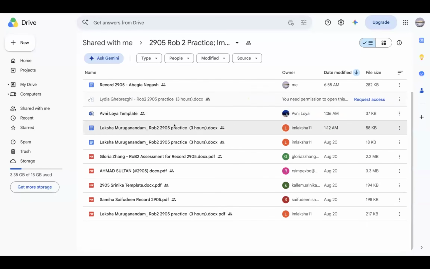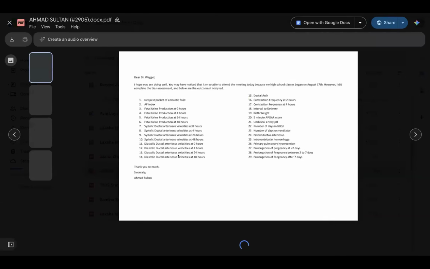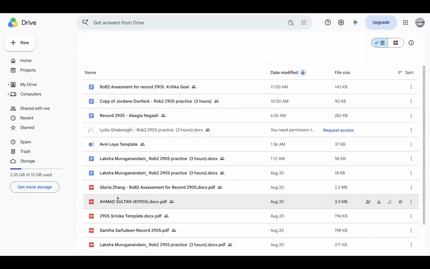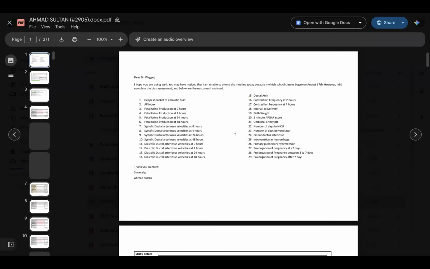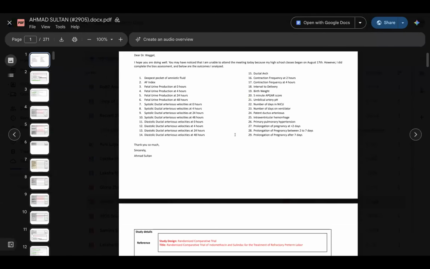So if we get Ahmad's out, you can see that he actually labeled and explained at the top. I cannot believe he is in high school. Just such impressive work. I mean, at the level of a college graduate, and I've taught thousands of students, so I think that he could very well be ready.